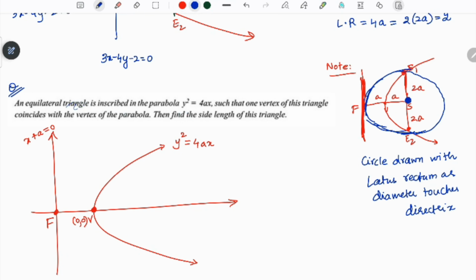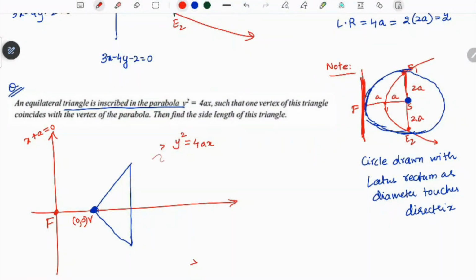We have an equilateral triangle inscribed. We are putting an equilateral triangle inside the parabola such that one vertex of the equilateral triangle coincides with the vertex. One vertex of the equilateral triangle is this. So the equilateral triangle must be like this. A parabola is a symmetrical figure, so when you insert an equilateral triangle, it must also be symmetrical. Something like this.